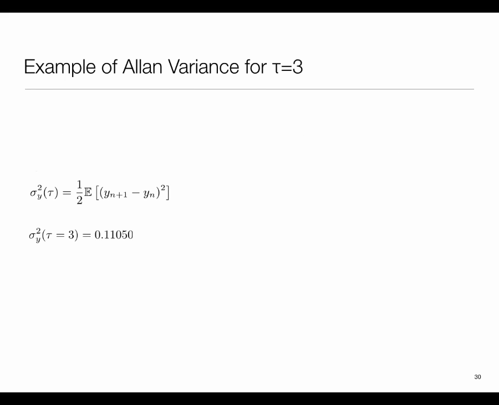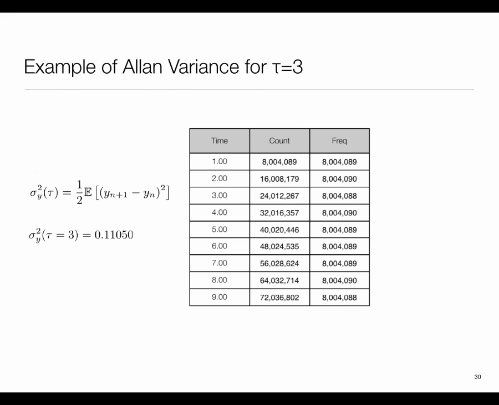Let's see if I have an example out here. Okay, so I was measuring. This is kind of the real time, and I was looking at the count. So this is what the counter was showing, and it is advancing just about right, but not exactly the same. What you see out here is the difference between successive readings.